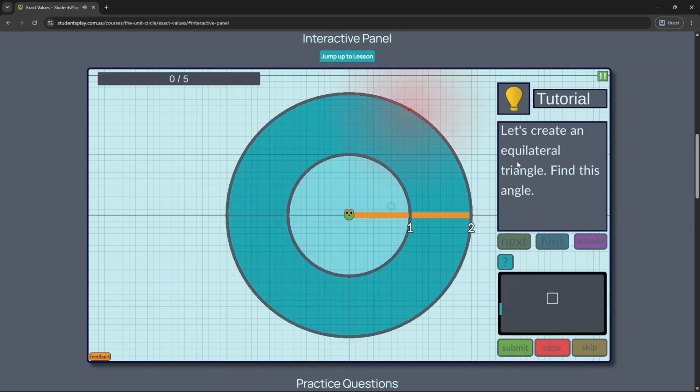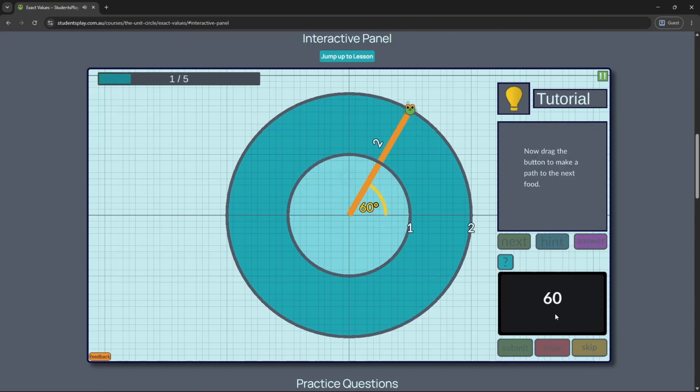Let's create an equilateral triangle. Find this angle. Okay, so it goes up a fair way. Let's say maybe like 50. And then maybe like 55. 60. Oh, cool. Now drag the button to make a path to the next food.